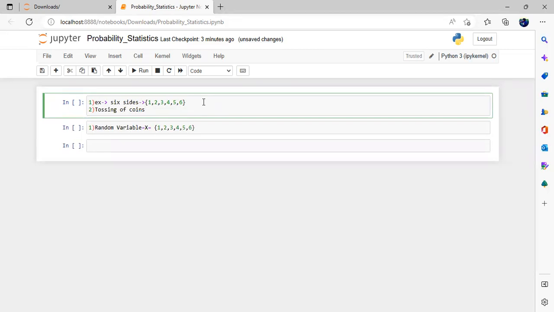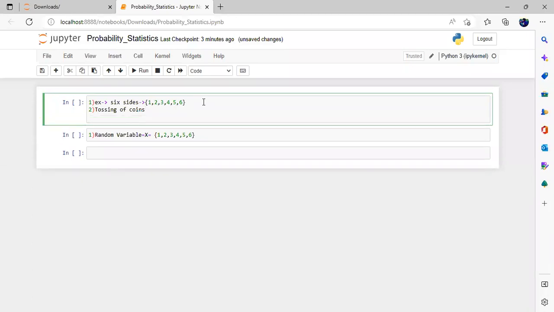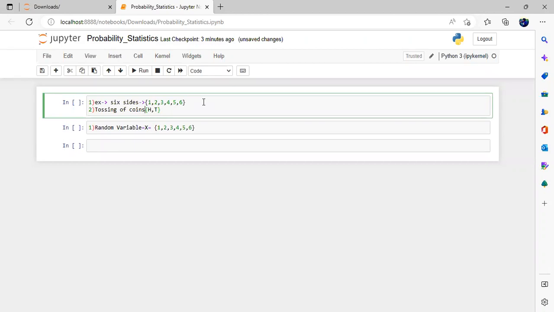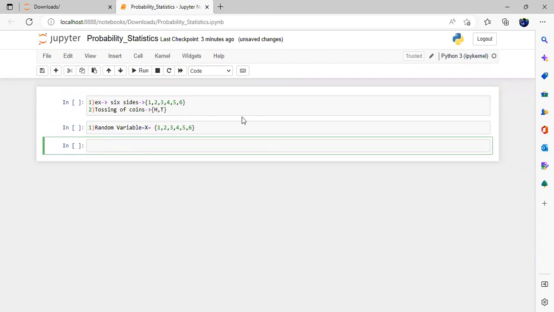For tossing of coins, our random variable or our set will be only H, that is head, or T, tail. So this is our set for tossing of coins. Two examples are enough.